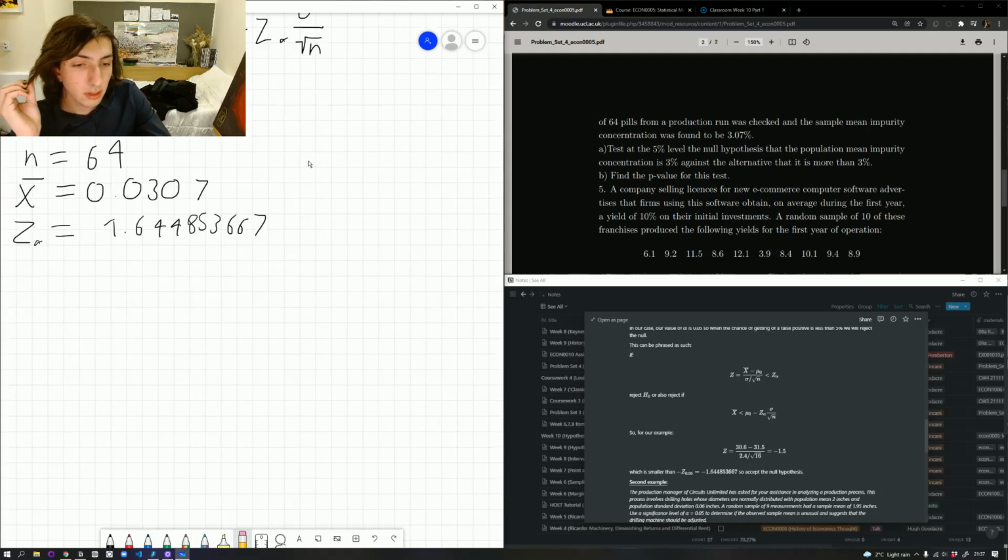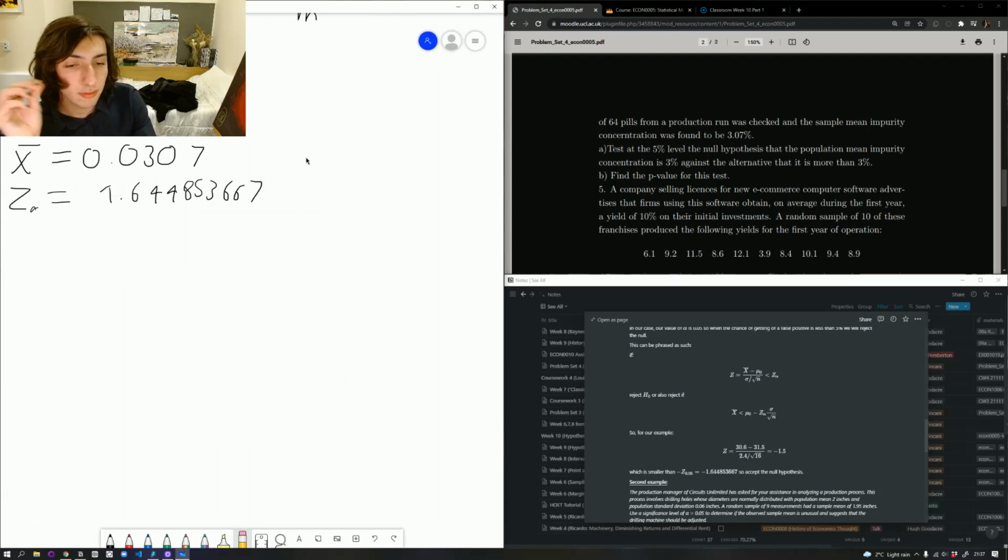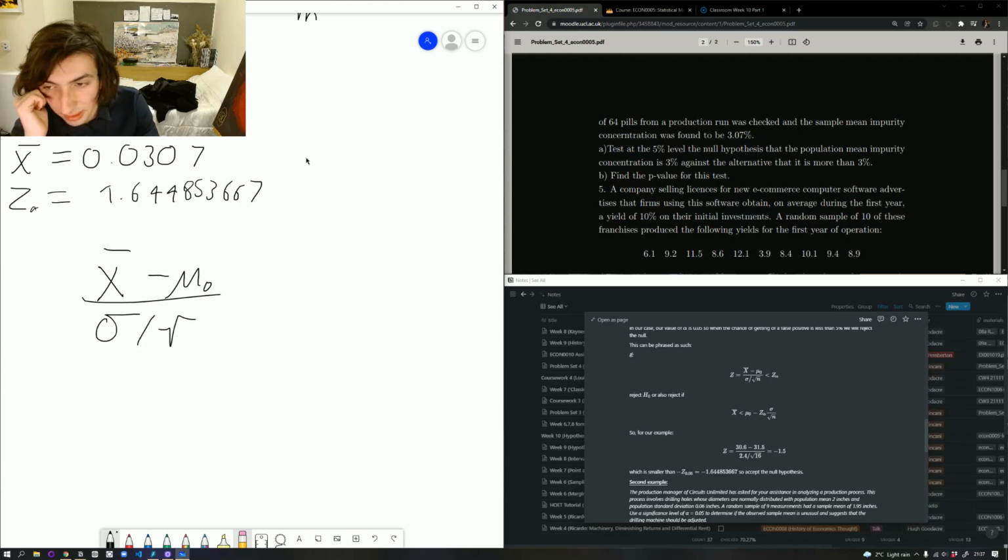We also know that we could reject the null if the normalized value is larger than the alpha value. Isn't it larger? I think it's larger. It is larger, yes.